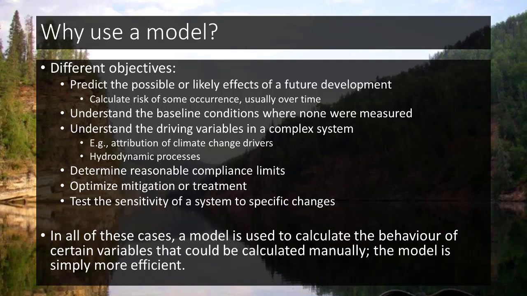And ultimately, those model results will be used to calculate the risk by a risk assessment team or person, usually not the same person who did the model, but it can be. Usually the risk is calculated by somebody who's just a specialist in risk assessment.